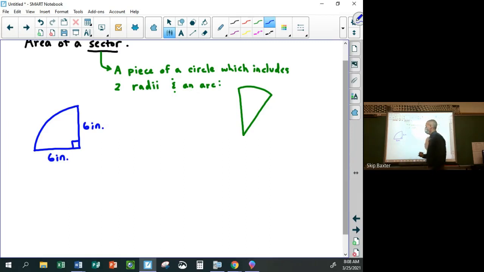Each of those radii are 6 inches. How might you calculate the area of this sector? Maybe like multiply like 6 by 6 and then do something with the other.